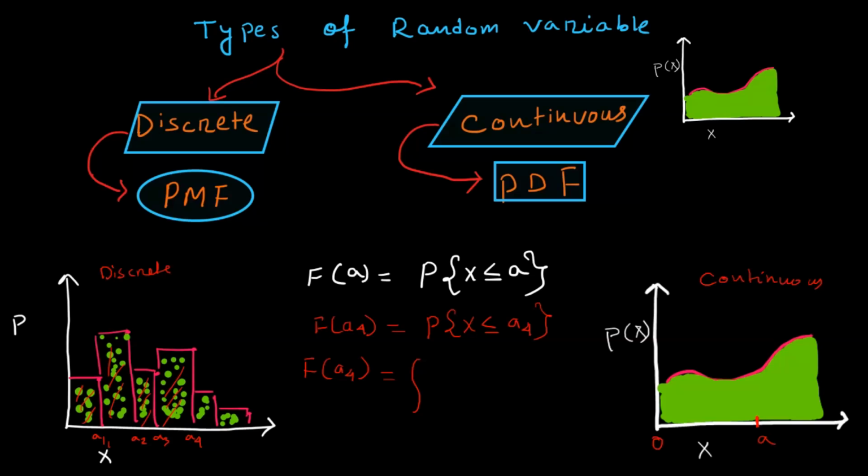Since this is starting from the origin 0, let us assume for a moment that it starts from the origin. So I have to integrate from 0 to a, and the function f(x) can be written here with dx with it. So this integral will give me the area under this curve till I find a. I hope that is clear to you. I have to see you in the next video.